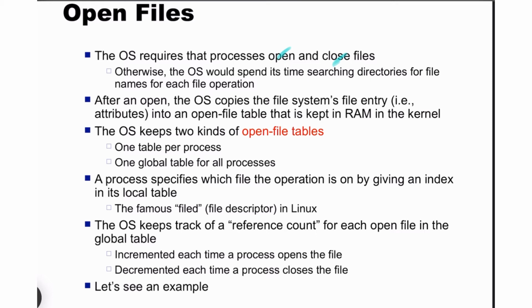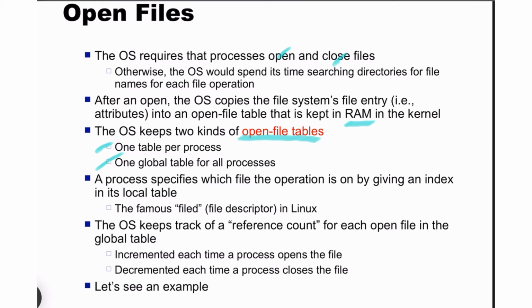After an open, the OS copies the file name and the file entry attributes into an open file table that is kept in our RAM in the kernel. So the OS keeps two kinds of open file table: one table per process, and one global table for all processes.